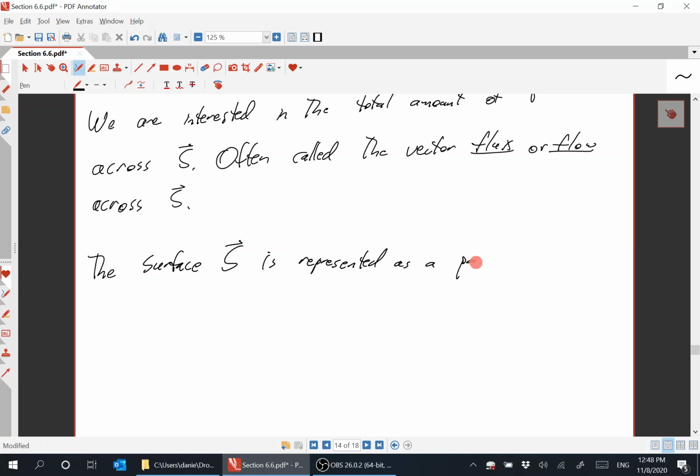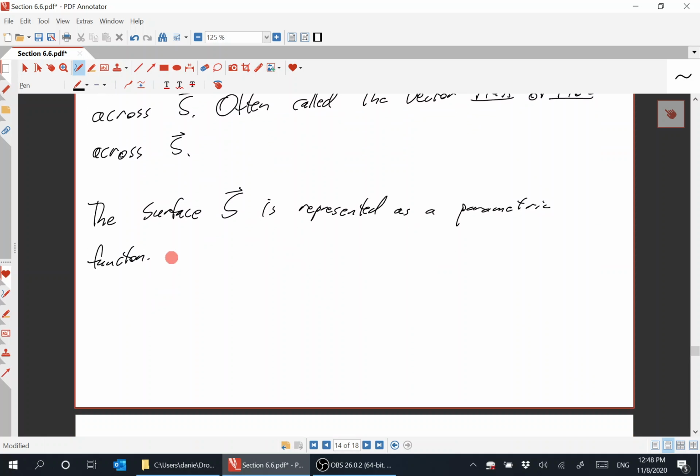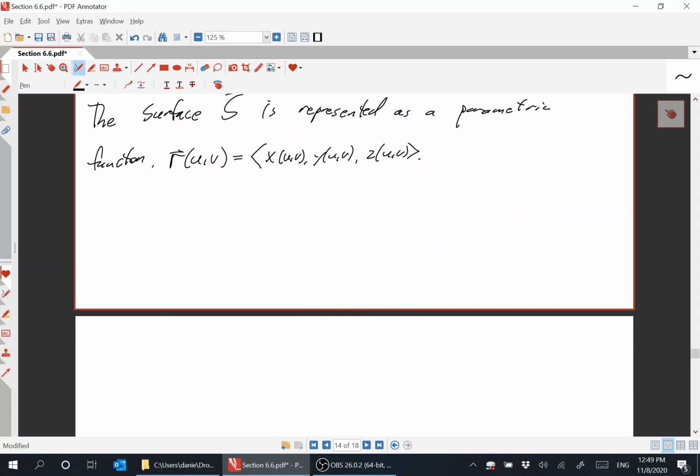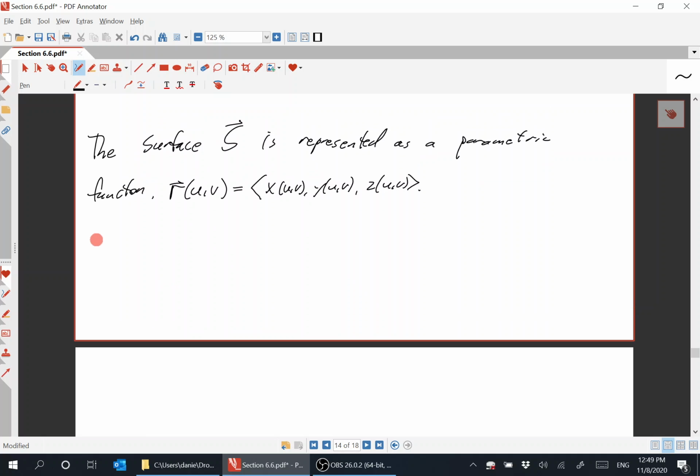As a parametric function, r(u, v) equal to (x(u, v), y(u, v), z(u, v)). Two vectors that are therefore tangent to S are the partial derivatives of r with respect to u and v.